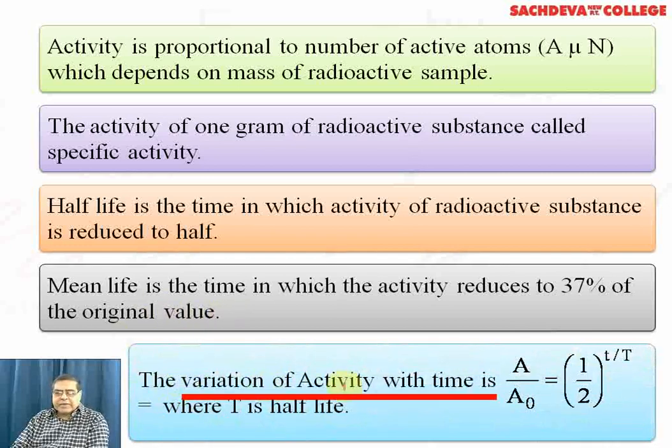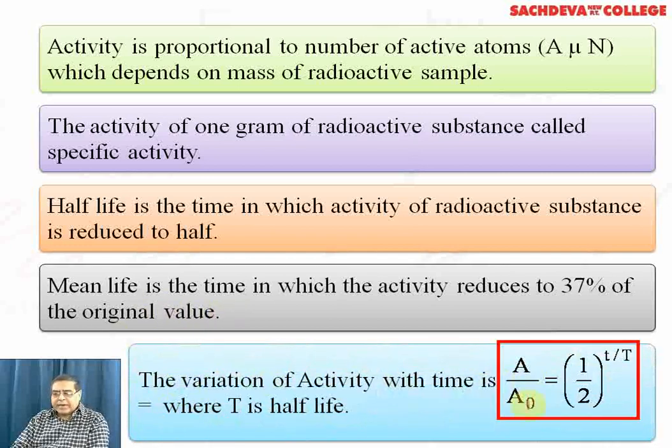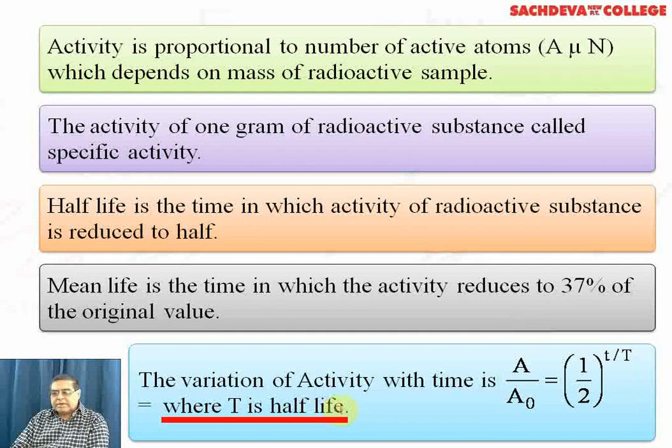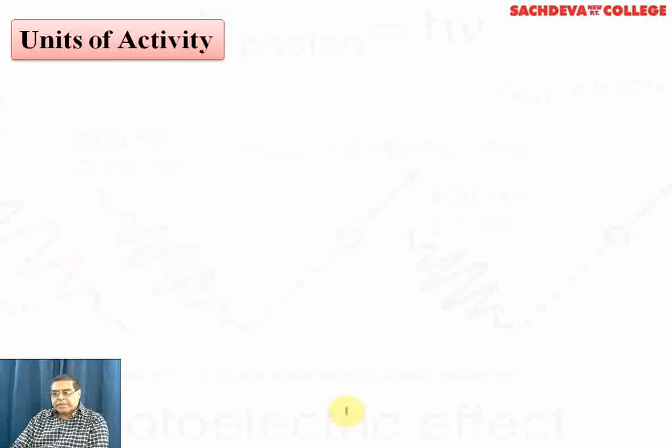The variation of activity with time is A over A naught equal to 1 over 2 to the power small t over capital T, where T is the half-life, and t is the time instant at which A atoms are existing.